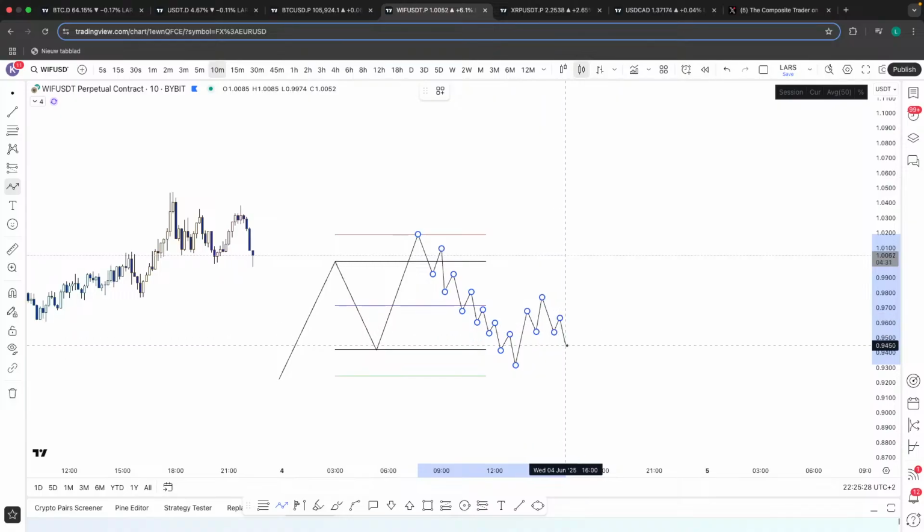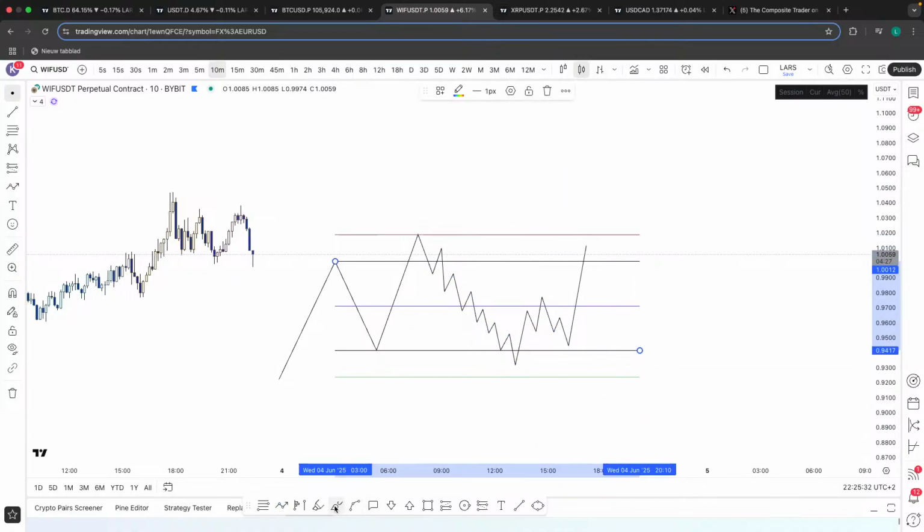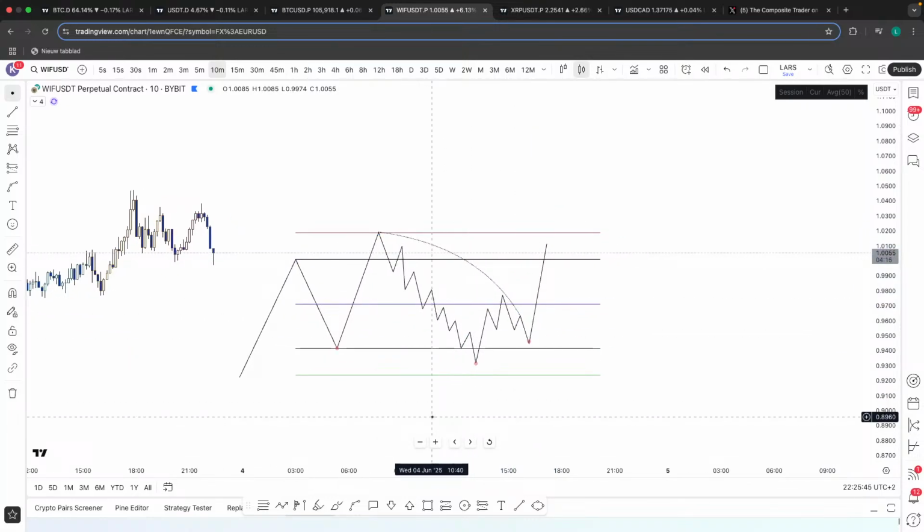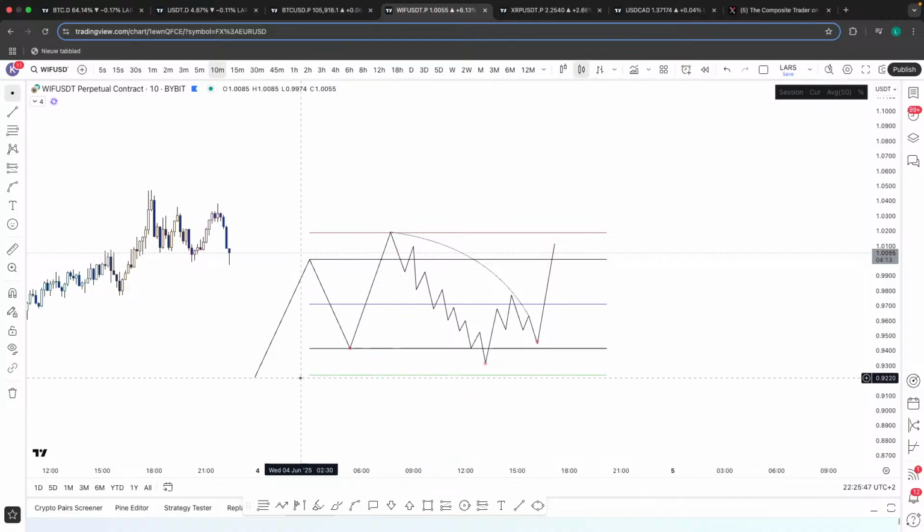Sometimes I see something like this, and then people draw it like this, and they're like, hey, we have a 1, we have a 2, we have a 3, and we have a good looking return to zone right here. And this might be a good looking return to zone, but the starting point of your range is not the starting point of your range. Because the starting point of the range is created by market structure.